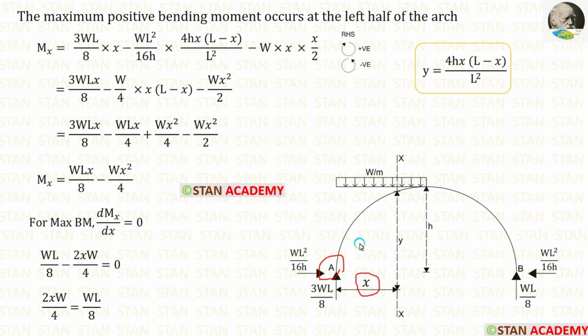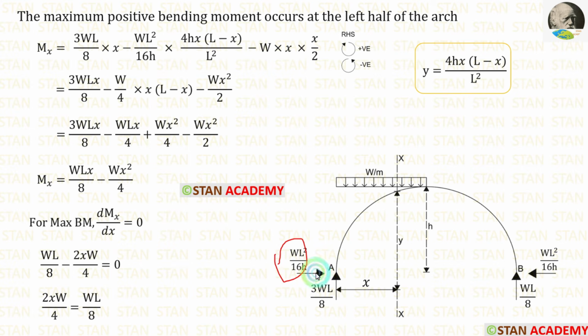In this section, let us calculate the moment. We are going to calculate the moment from the point A. In this case, we are moving towards right hand side. Clockwise will be positive and anticlockwise will be negative. The vertical reaction is acting towards the section in the clockwise direction, so it will be positive and the distance is x.